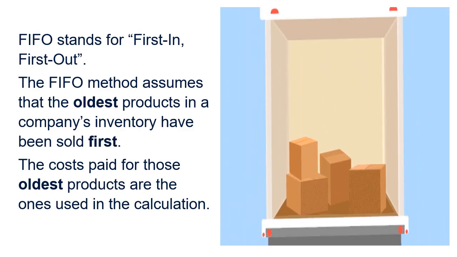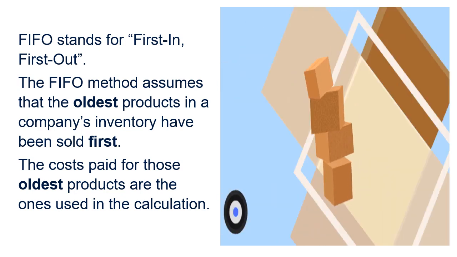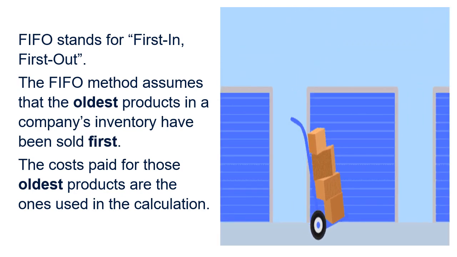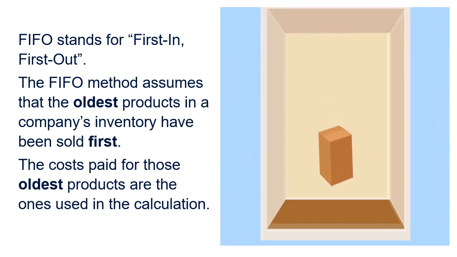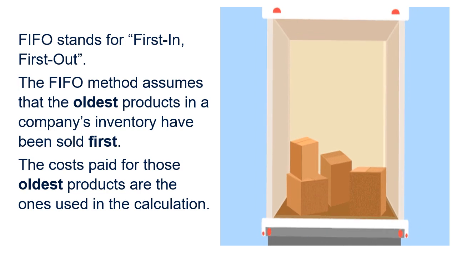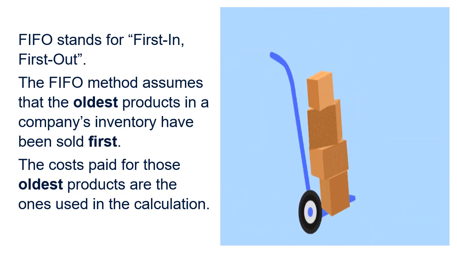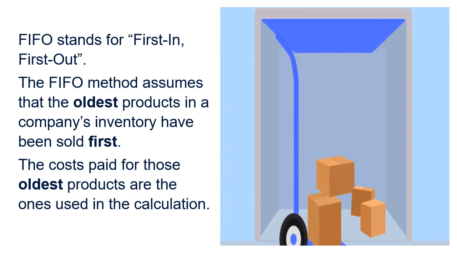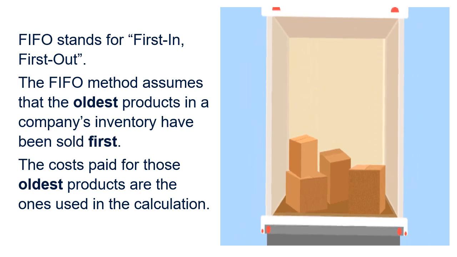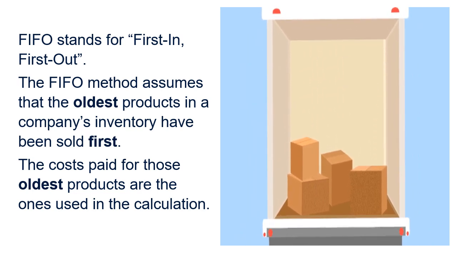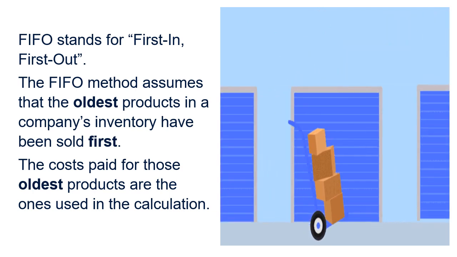Now, what do we do exactly when we say that we are following the FIFO method of inventory valuation? Here, FIFO stands for first in, first out. It is a method used for cost flow assumption purposes in the cost of goods sold calculations. The FIFO method assumes that the oldest products in the company's inventory have been sold first.